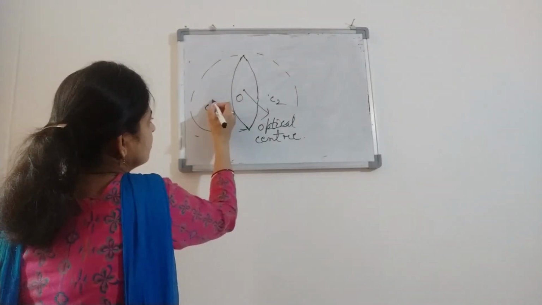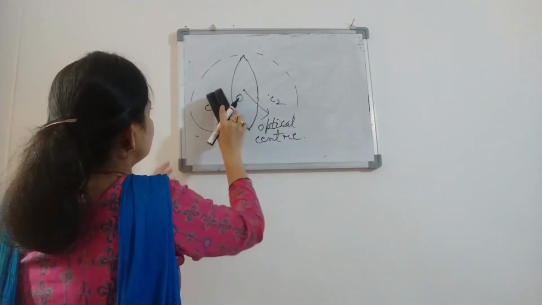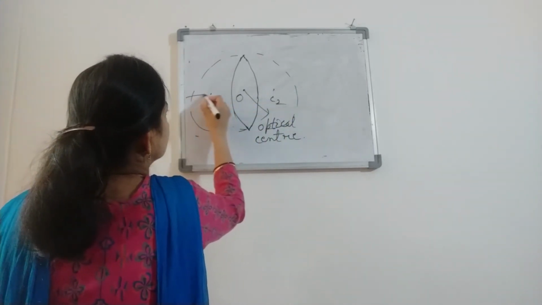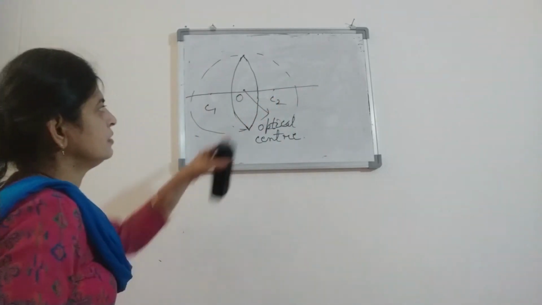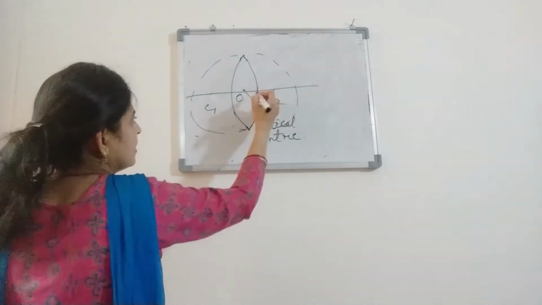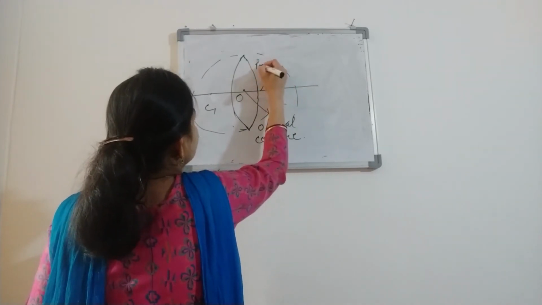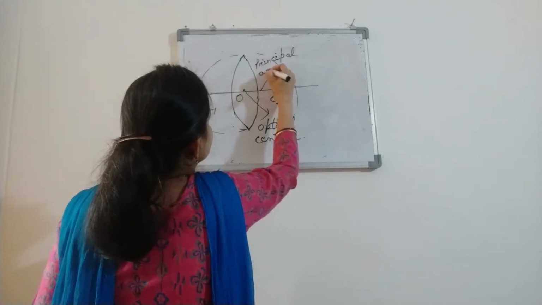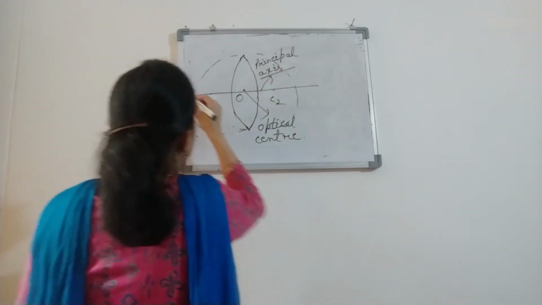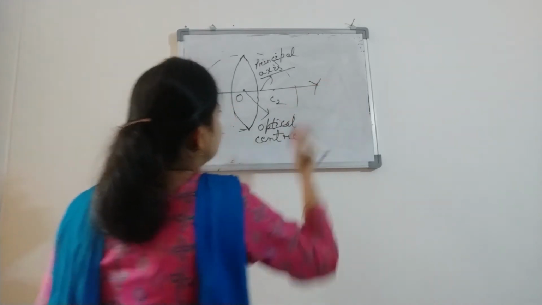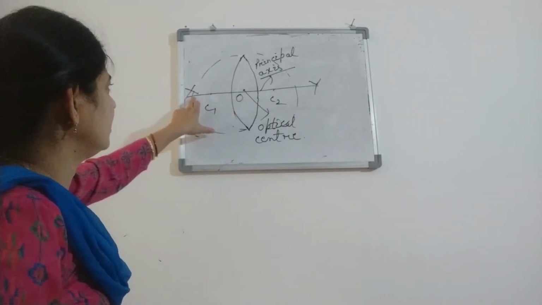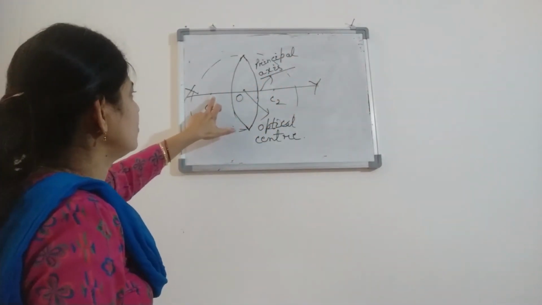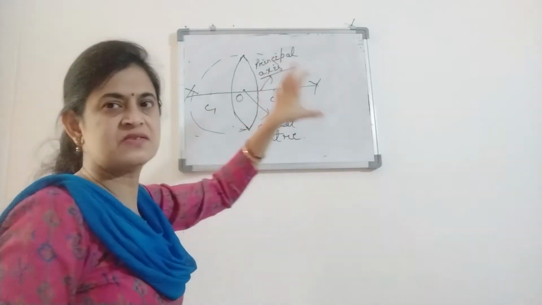Now if you join C1 and C2, then this line or this axis is called your principal axis. In this diagram XY is the principal axis which joins the two centers of curvature C1 and C2.